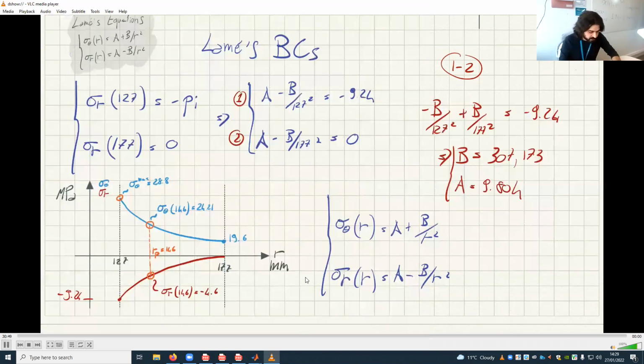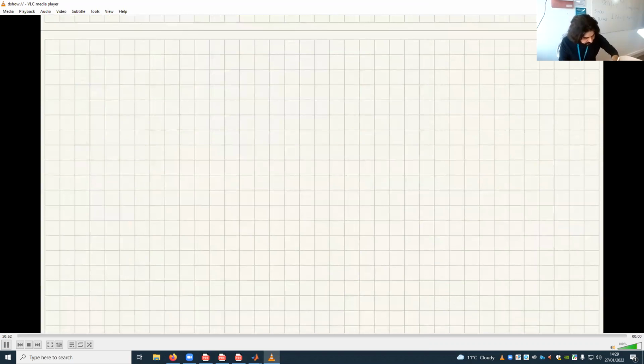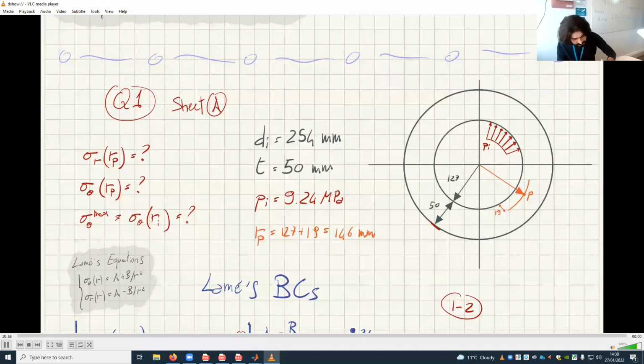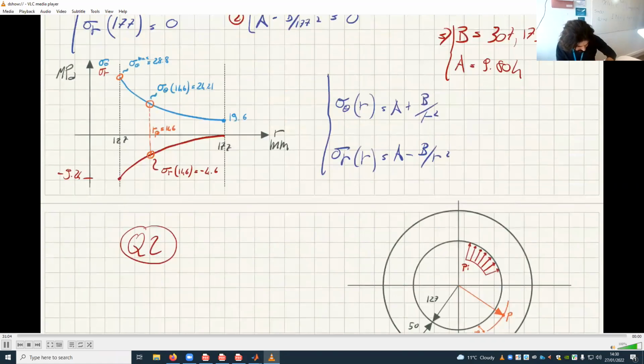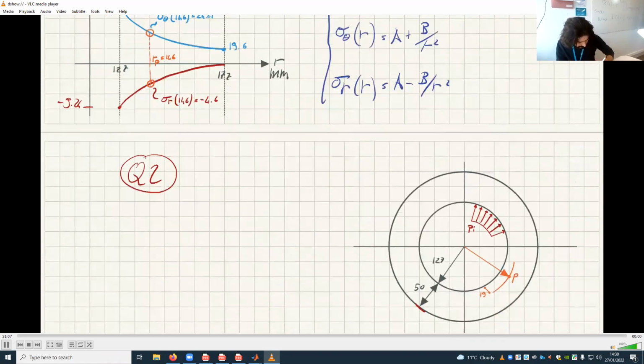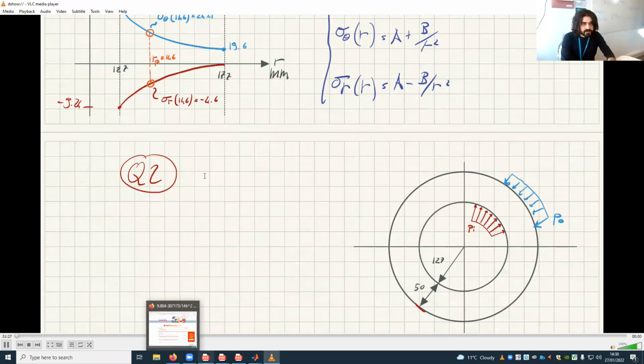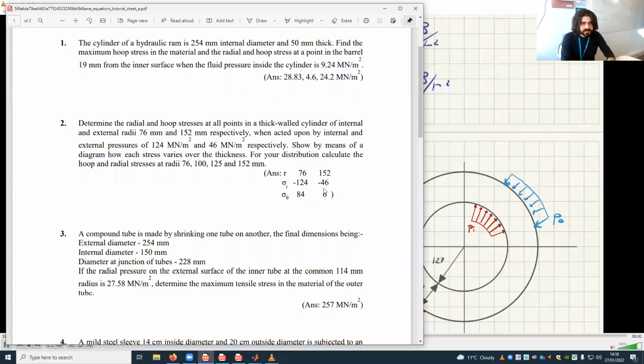All right, so let's solve this one very briefly again. So question 2, and I'm going to copy this one. Let's say here. We now have an external pressure as well, so I'm going to do this one here. PO. I don't care about these anymore. I have other things to care about, which are the 76 and 152.